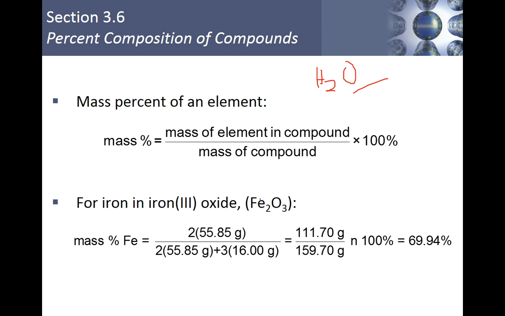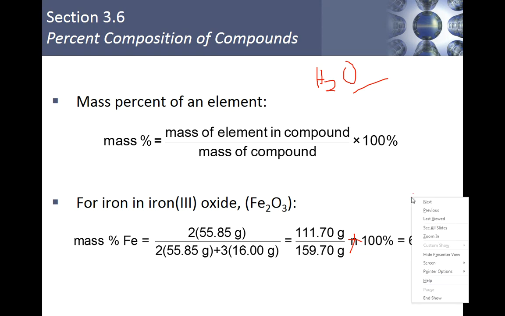There are 2 iron atoms, so we have to make sure we put that on the outside, and then you put the average atomic mass of iron in here. That gets you a total of 111.7. You divide that by the total molar mass for the compound, multiply by 100, and that gets you 69.94%. That's how much iron there is. Iron makes up 69.94% of this entire compound.